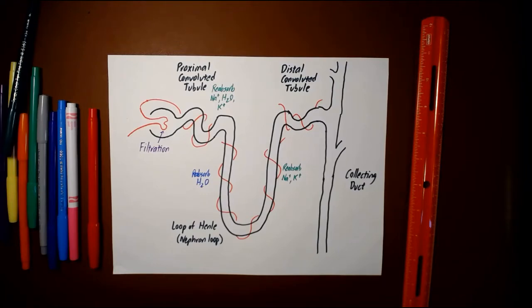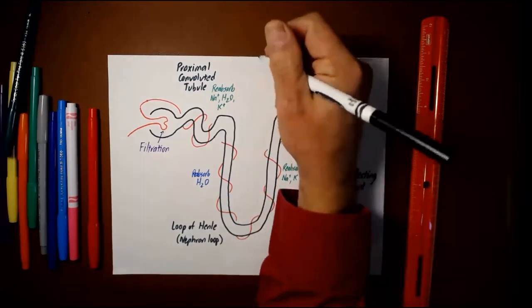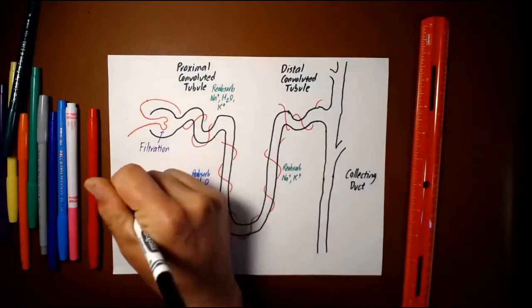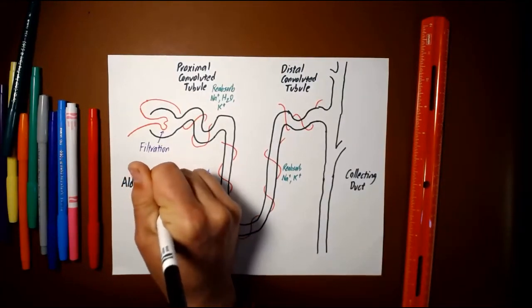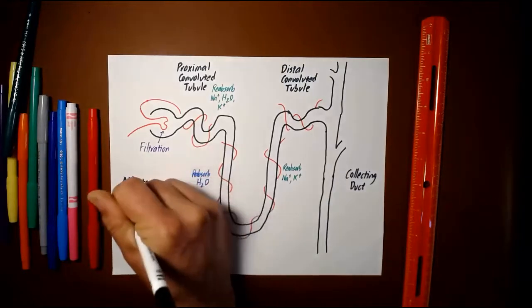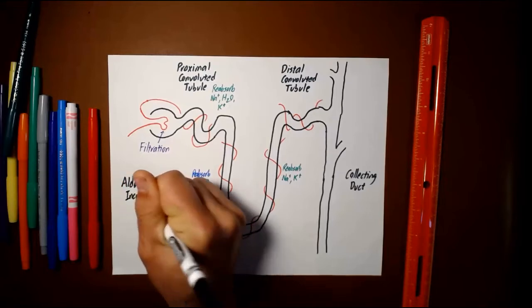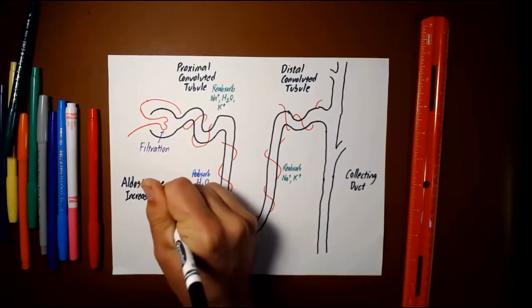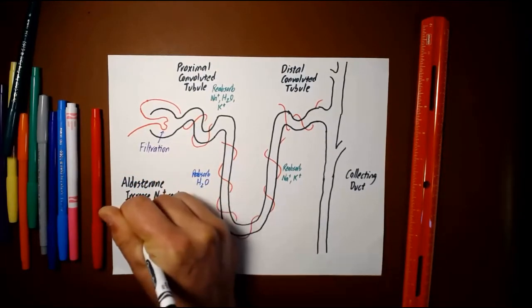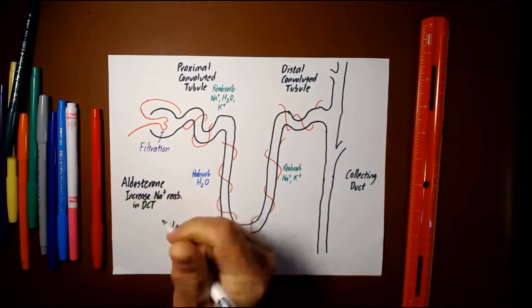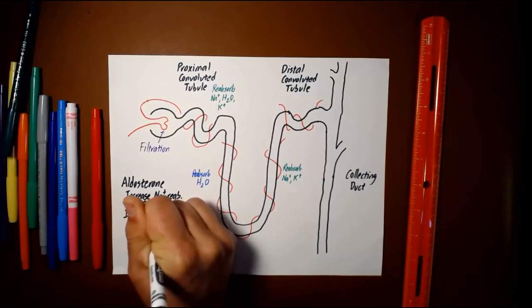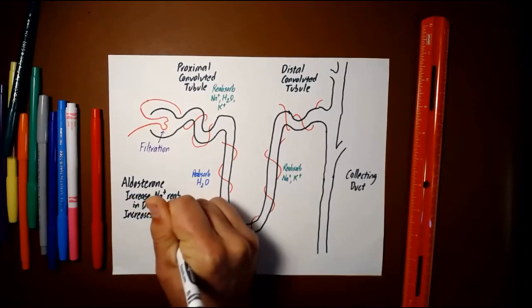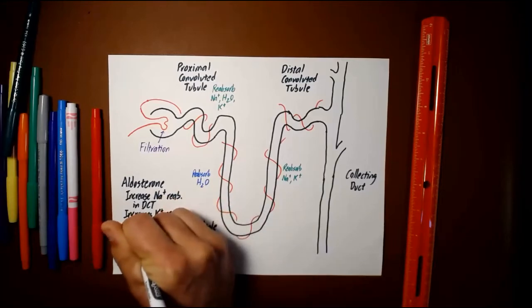That's largely going to be under the control of certain hormones. So the hormone aldosterone, I'll do this over here. Aldosterone, its major effect is to increase sodium reabsorption in the distal convoluted tubule. It also increases potassium secretion in the distal tubule.